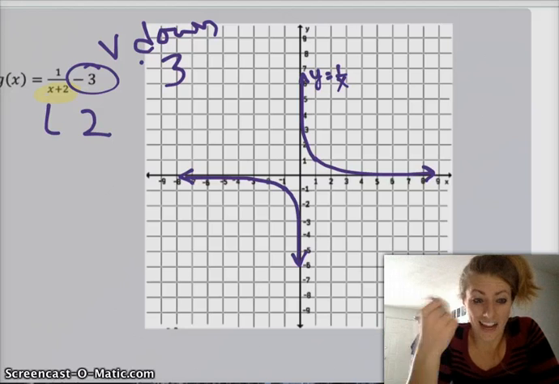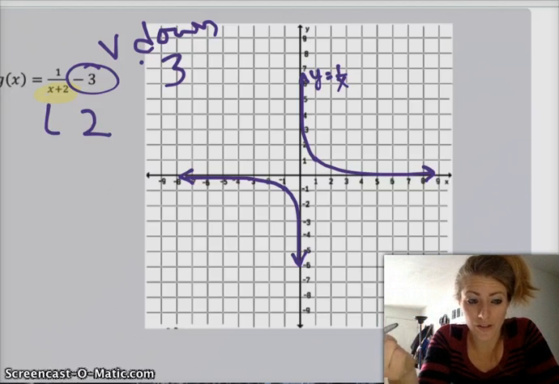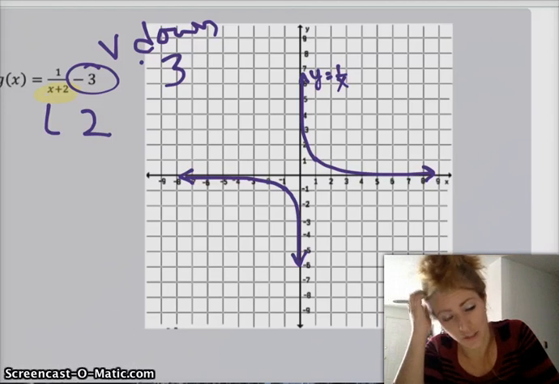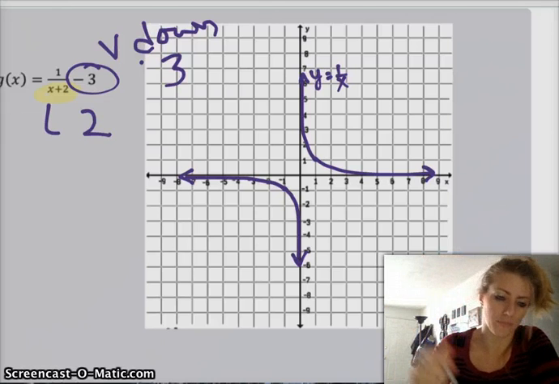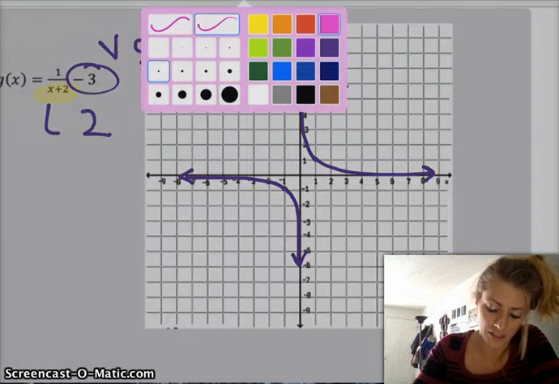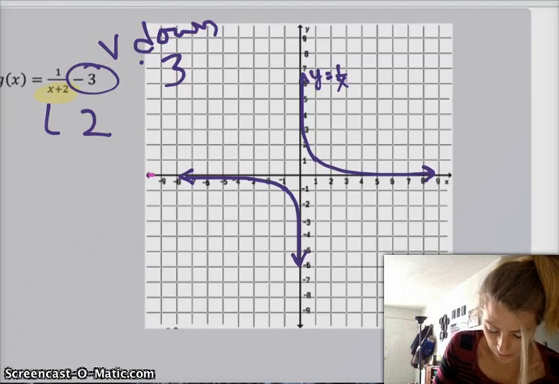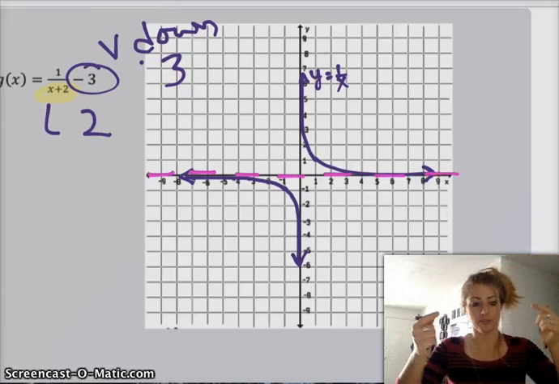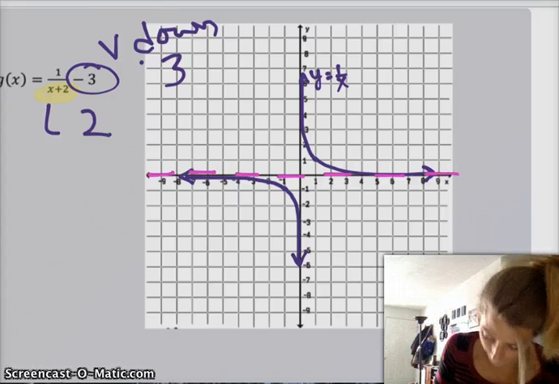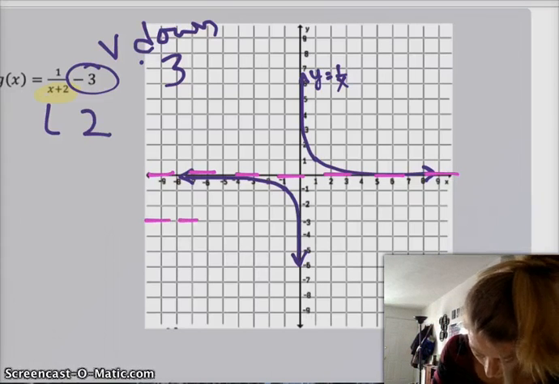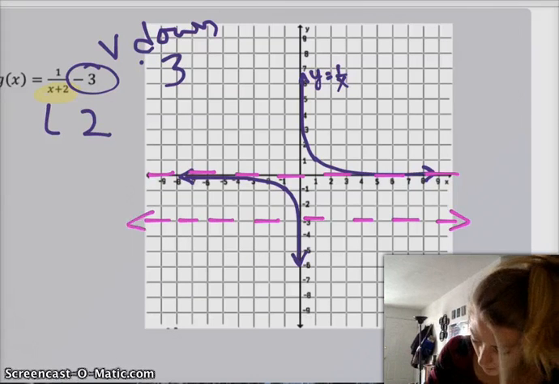And the easiest thing to move, if it's just shifts, before you do any stretches or compressions, is just to look at where your asymptotes are going to be. So my horizontal asymptote, which was the x-axis, I now need to move that down 3. So my horizontal asymptote is going to be the line y equals negative 3.